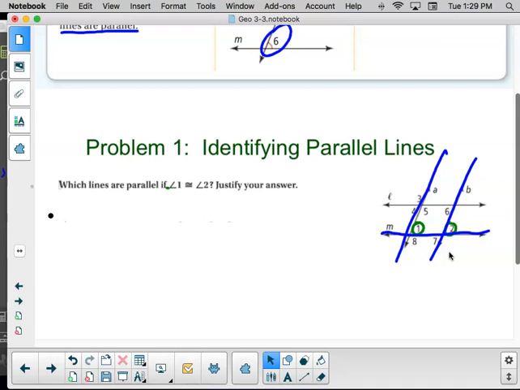Okay, what type of angles are 1 and 2? What's their name? Alternate interior, alternate exterior, corresponding, same side. What are they? Any takers? You've got to think about that.